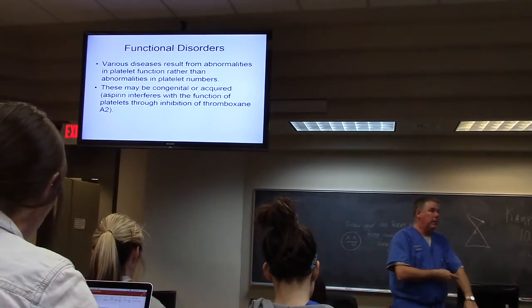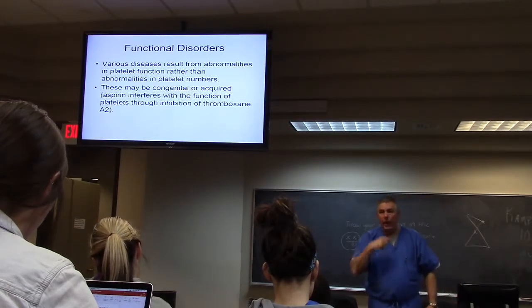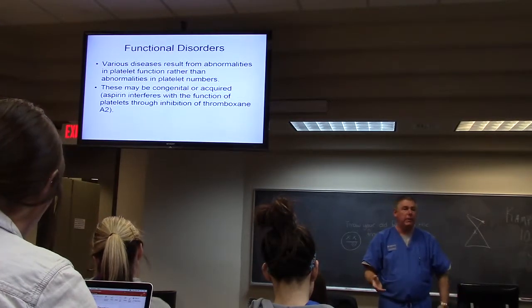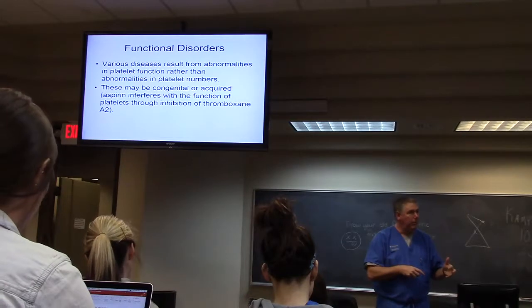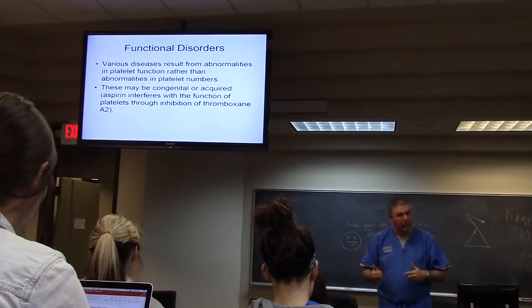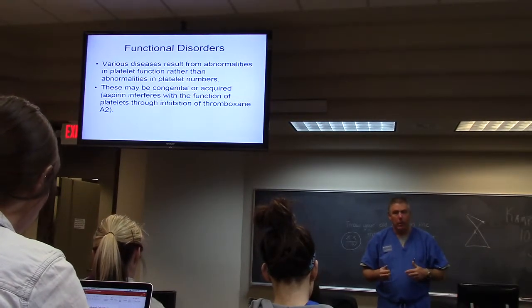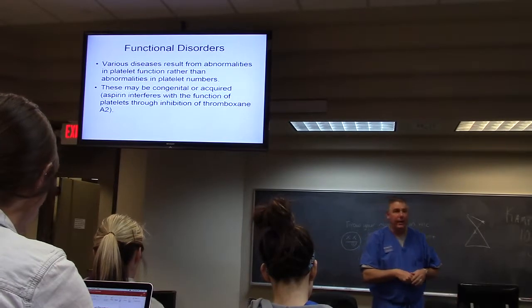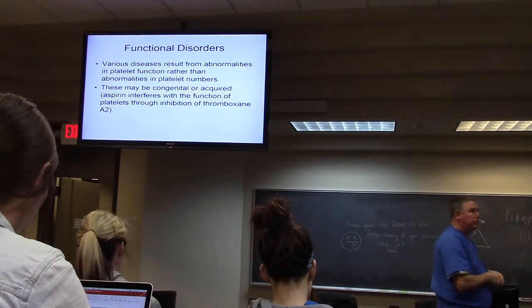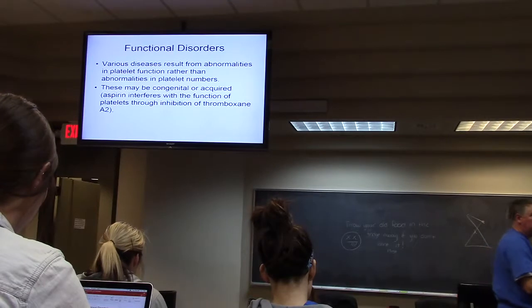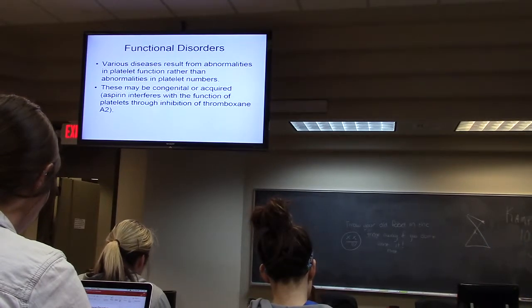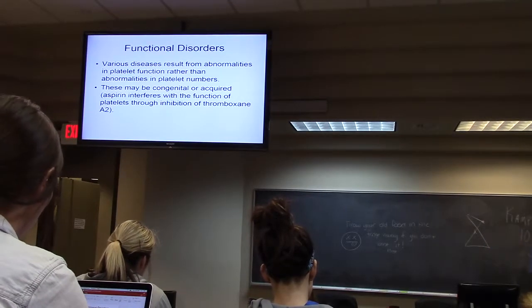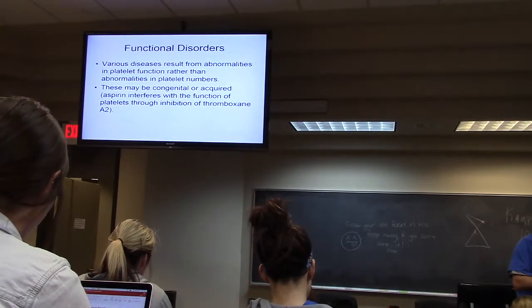So if you take 1 aspirin, your bleeding time will increase. In order to get it back to normal, you have to replace 30% of your platelets. You replace platelets at the rate of 10% a day. So if you take 1 aspirin, your bleeding time will stay increased for 3 days.